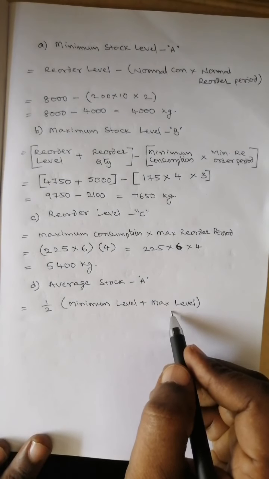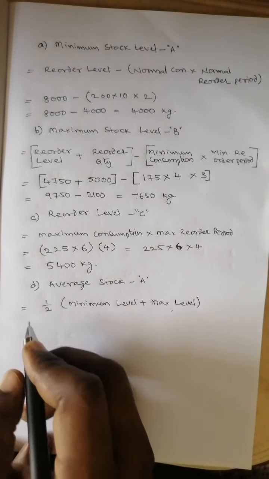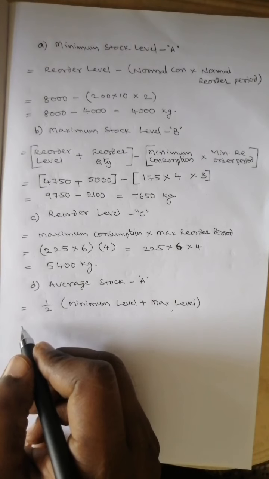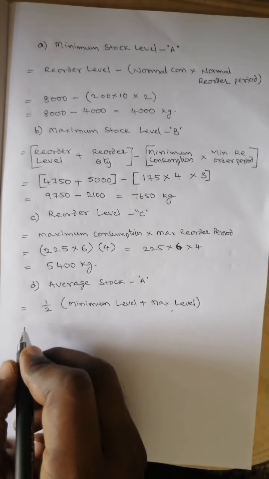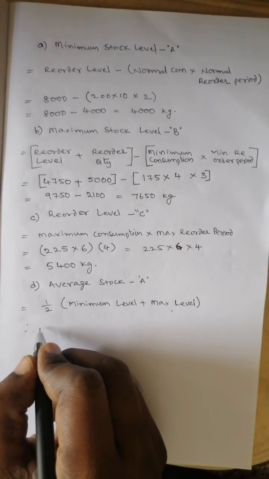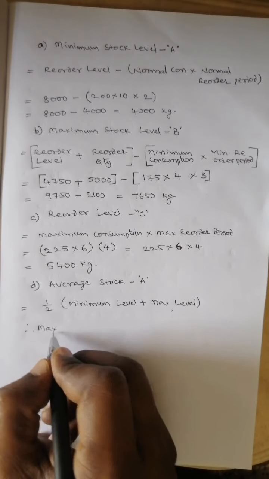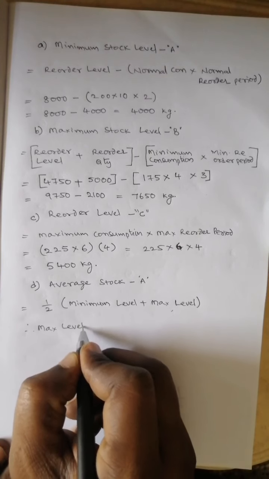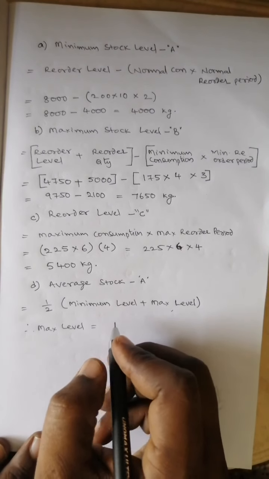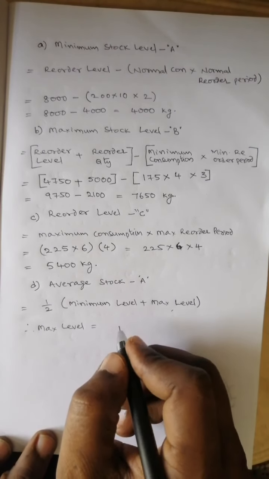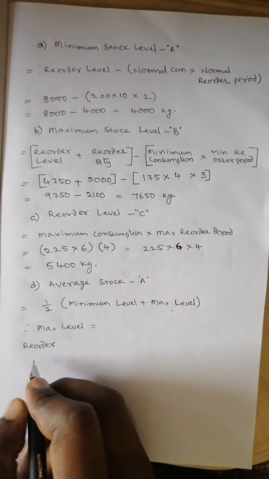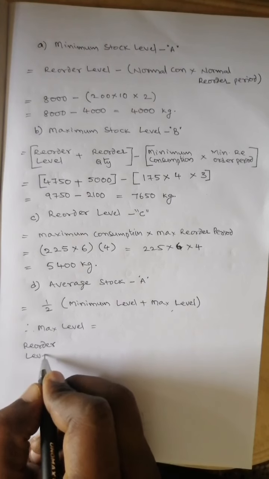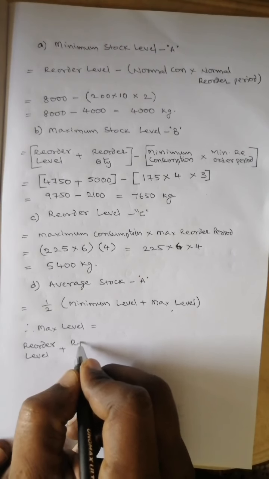Maximum level of stock. Maximum level of stock is not available either in the illustration given or in the computed values. So our duty is to compute first the maximum level of A. So maximum level of A is what? Reorder level plus reorder quantity.